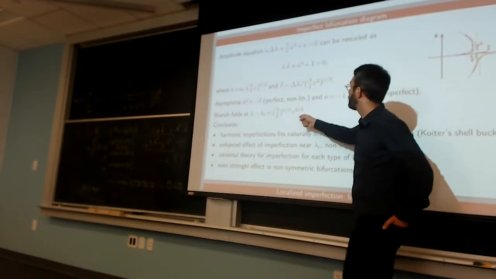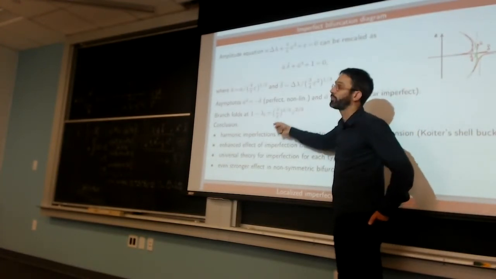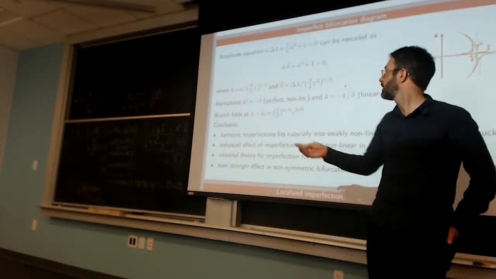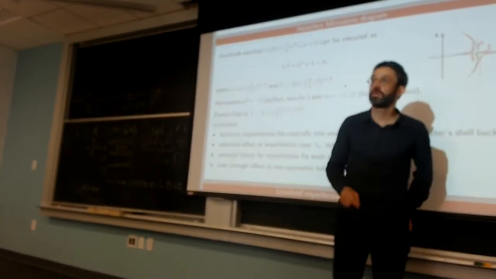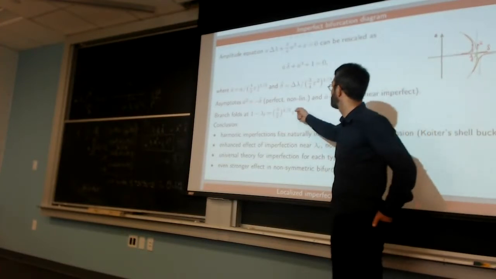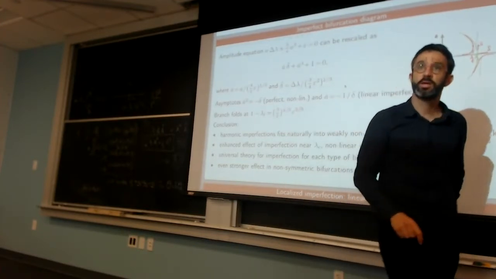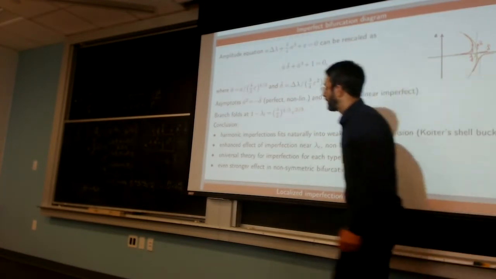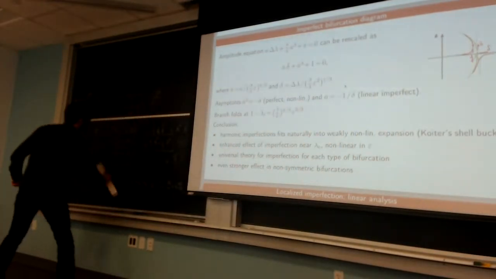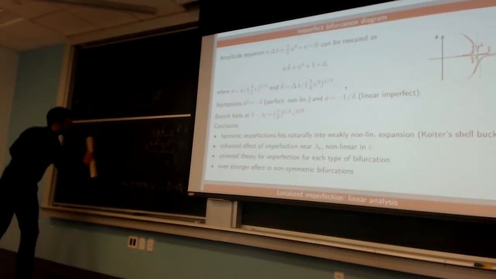So typically, if you have a system which is imperfect up to 1%, you can have a change in the buckling threshold which is typically of the order of 10%, because that's not very far from the square root. Okay, and that's exactly what I had in mind when I was mentioning the importance of imperfection.